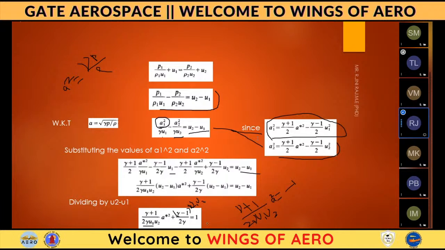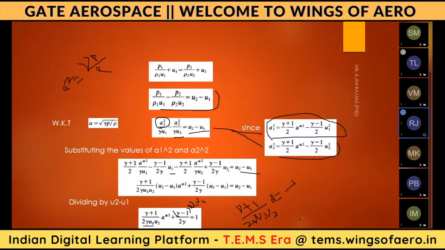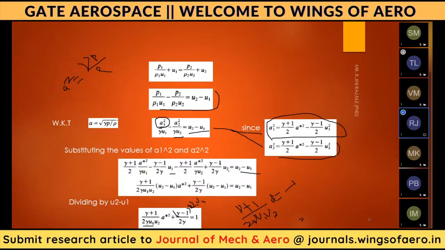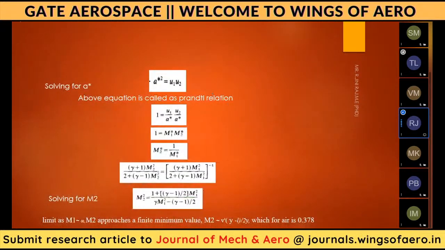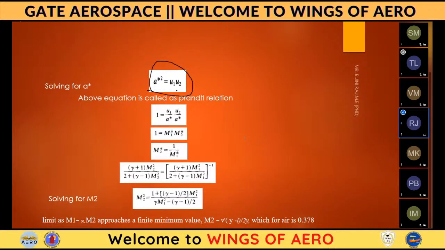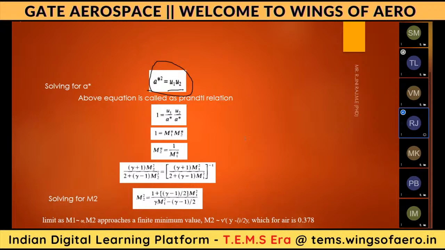So after solving it, we will be getting a star square equal to u1 u2. So this is the Prandtl relation for normal shock wave. The Prandtl relation for normal shock wave is a star square equal to u1 into u2.